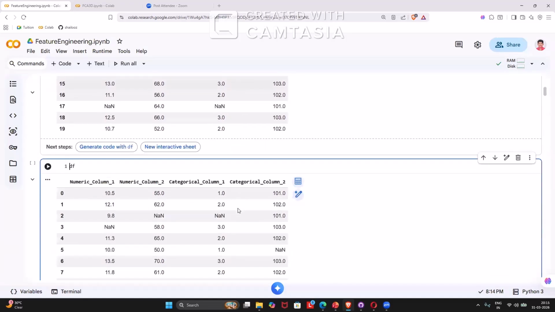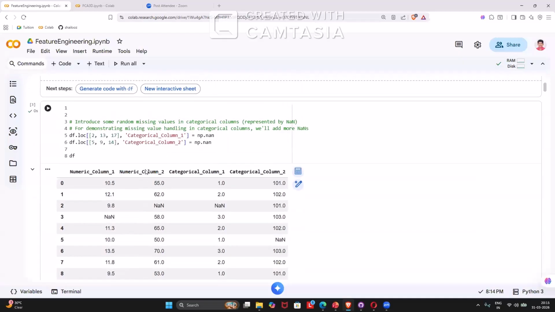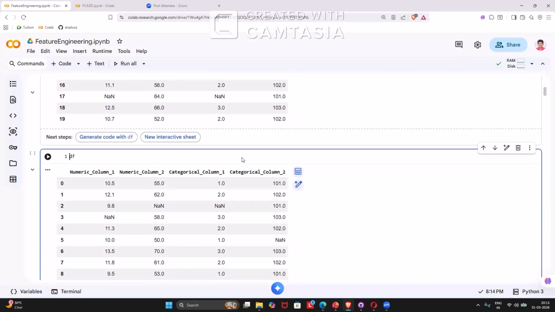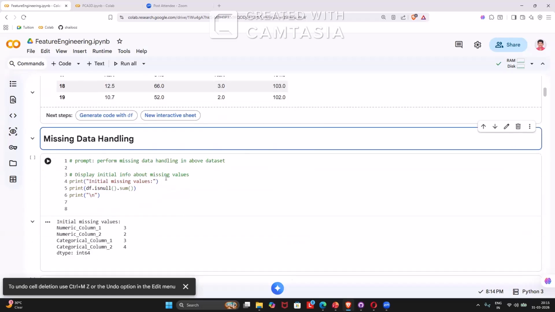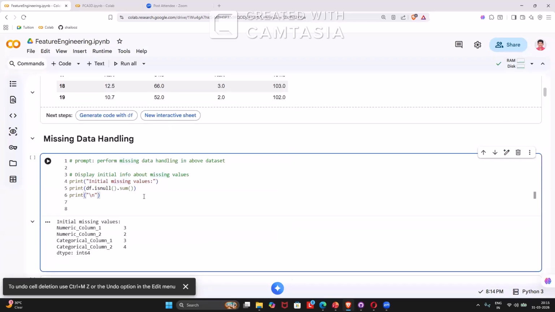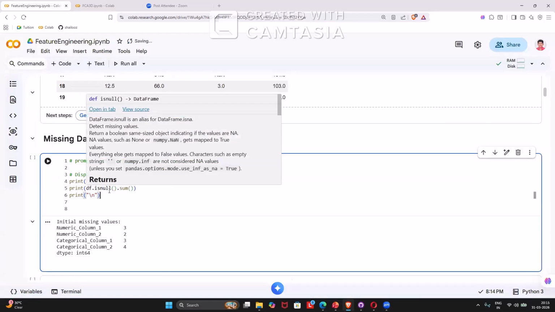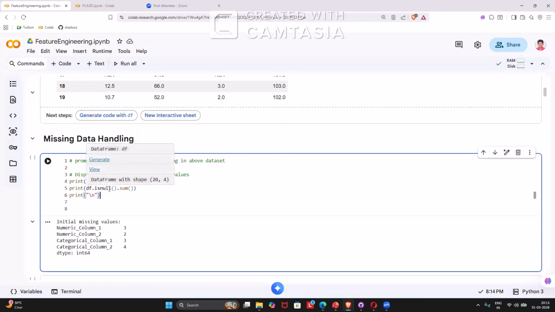Now, how can I calculate this NaN? That is, how to know how many null values there are. For that, we discussed this function at the time of pandas: df dot isnull dot sum.